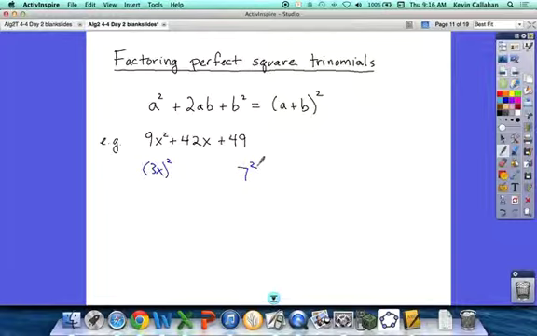It will be if the middle term just happens to be 2 times 3 times 7x. So 2 times 3 would be 6, 6 times 7 is 42. That's it. The middle term is 2 times 3x times 7, all of that together is the 42x. So I would know right away this thing equals (3x + 7) squared.